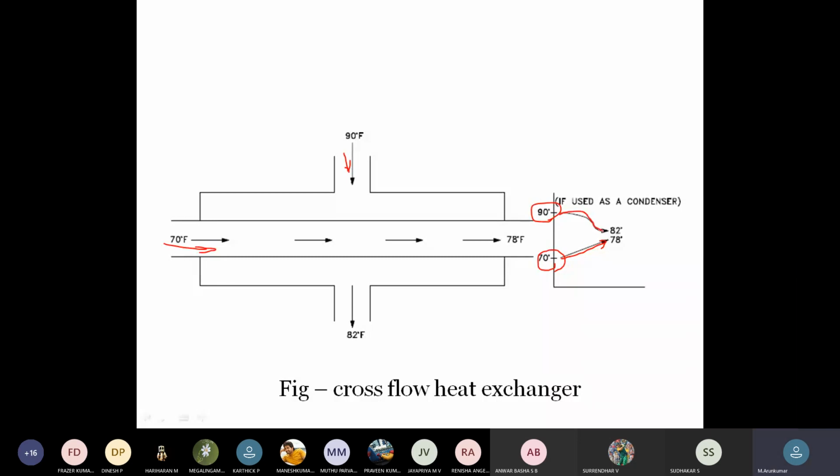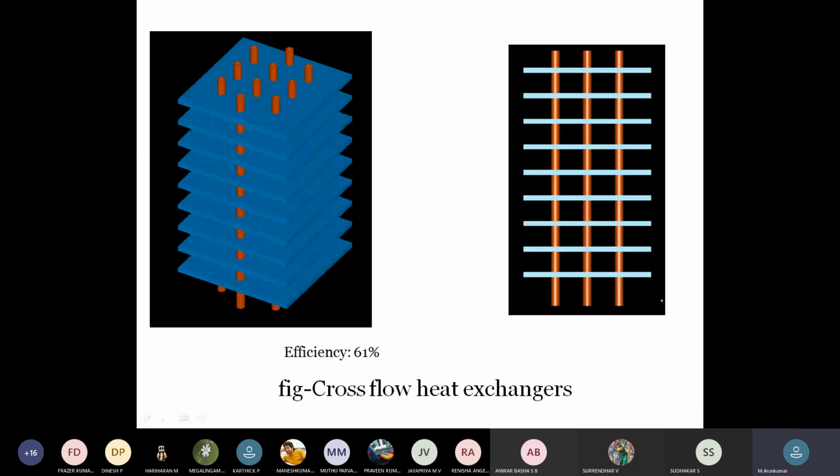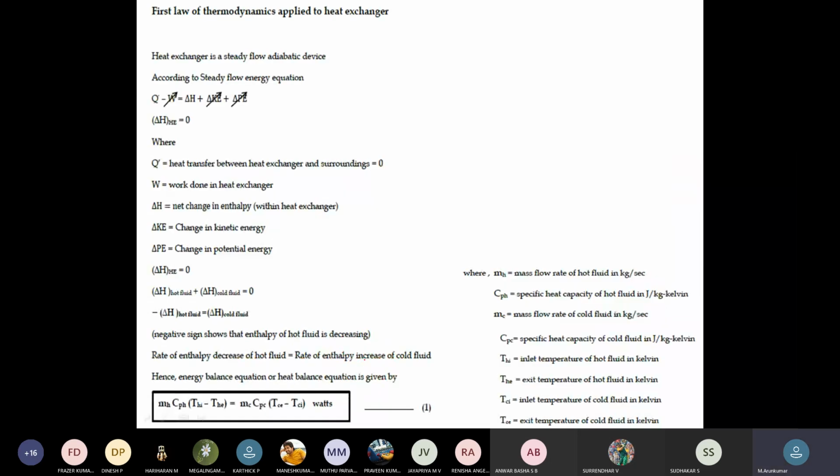You know what is path, or what is states, right? So these are the states and these are the paths. This is the diagram of the cross flow heat exchanger. We can get a maximum of 61% efficiency with the use of cross flow heat exchangers.